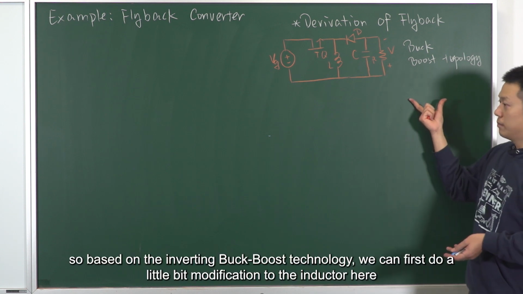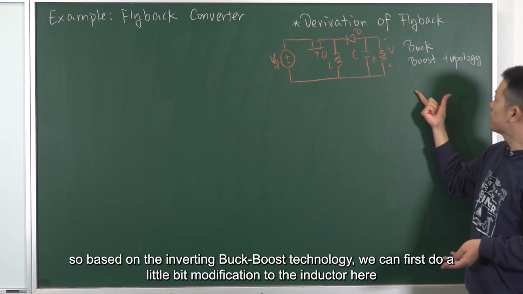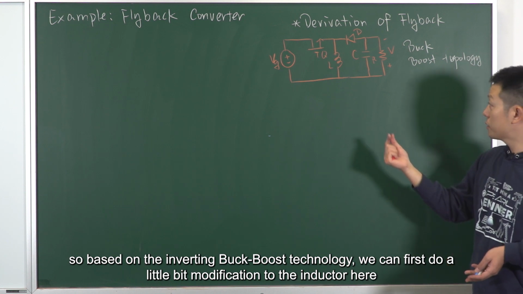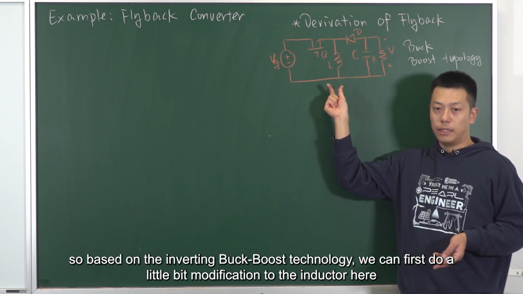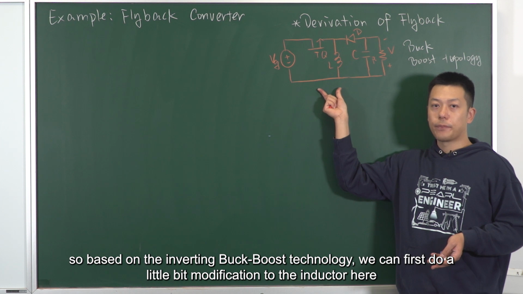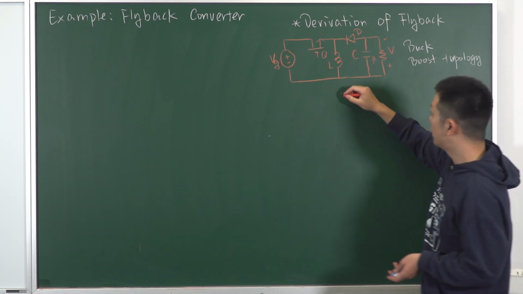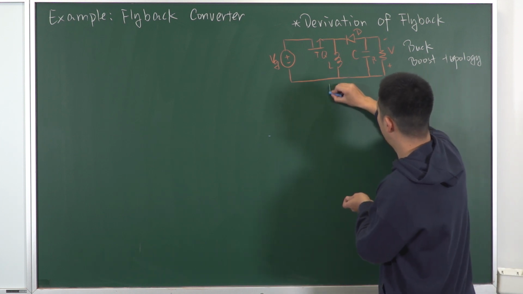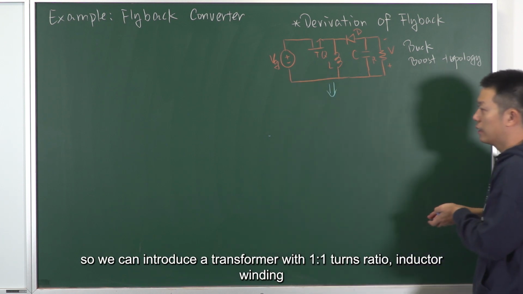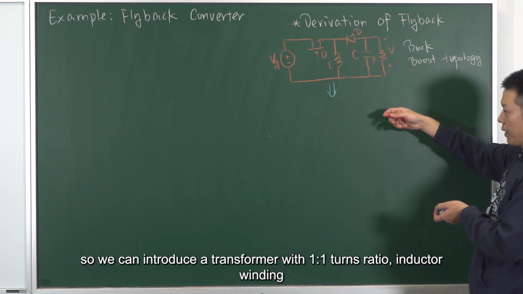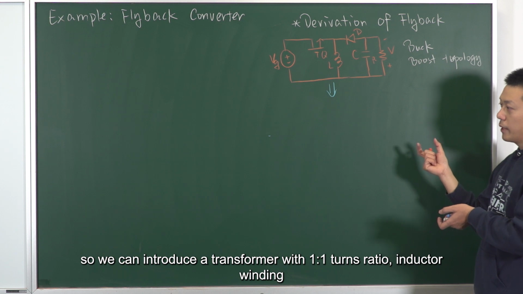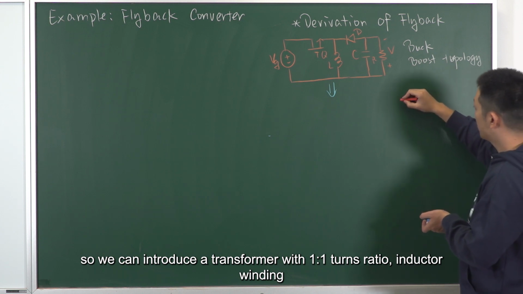Based on the inverting buck-boost topology, we can first do a little modification to the inductor. We can introduce a transformer with a 1-to-1 turns ratio.